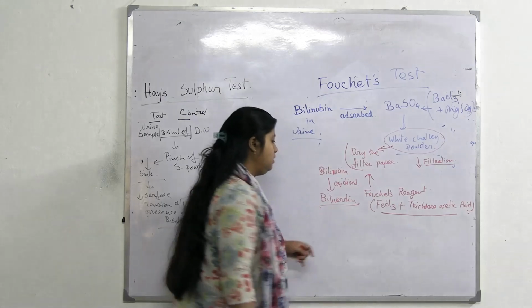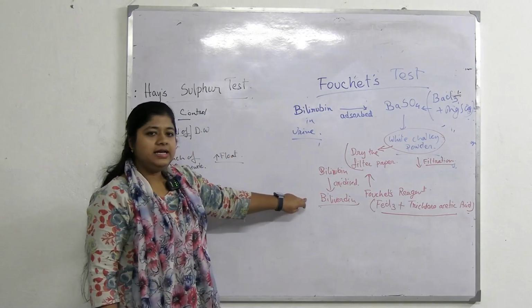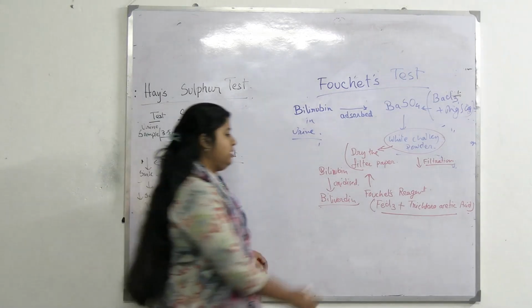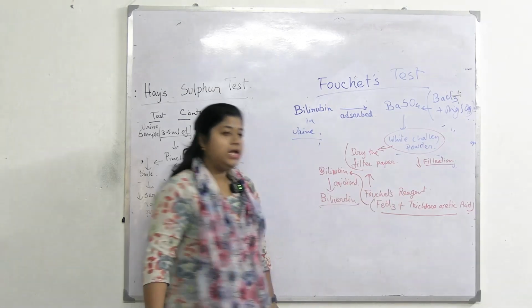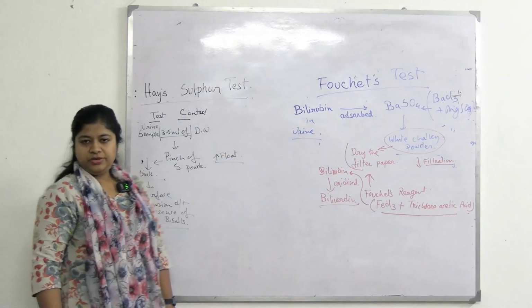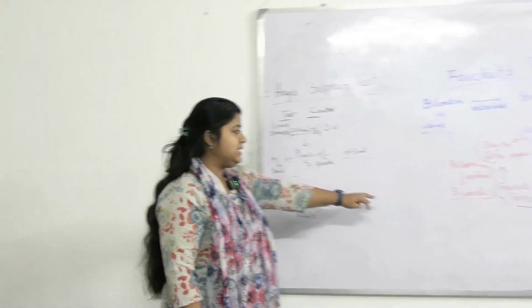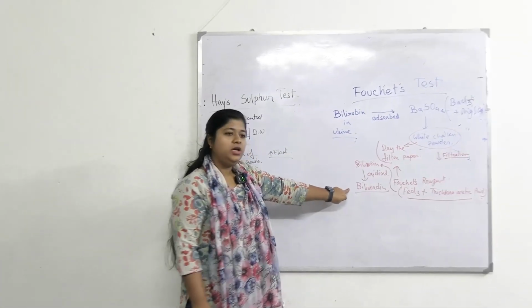So bilirubin is oxidized to biliverdin by this ferric chloride and trichloroacetic acid.